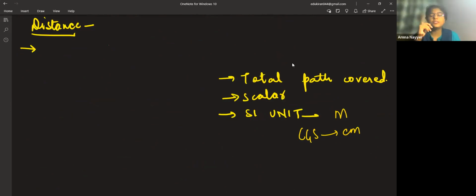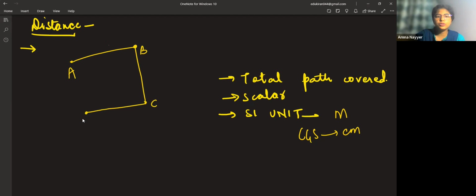Now, what is meant by distance? See, the first topic in your syllabus is distance. Distance basically means the total path that is covered. For example, a body starts, let's say, its journey from point A. Then the body goes to point B, then from B goes to point C, and then from C goes to point D. Let's say this is 5 meters, this is 10 meters, this is 5 meters.